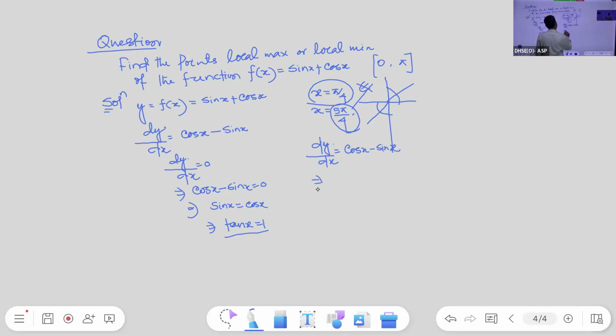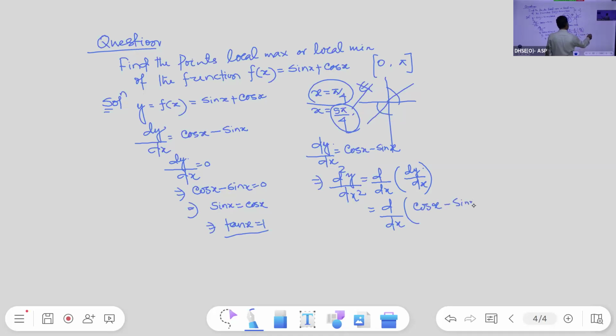This implies d square y upon dx square, again differentiating the function with respect to x, is equal to d upon dx of dy upon dx, equals d upon dx of cos x minus sin x.